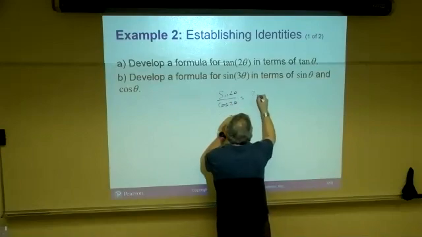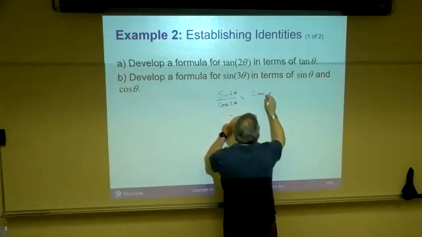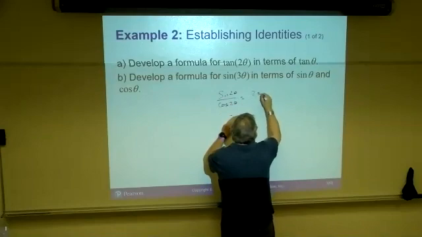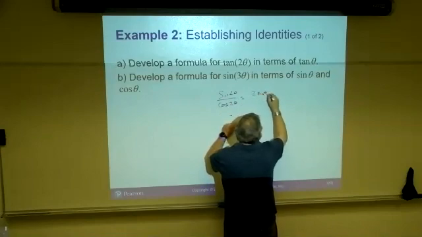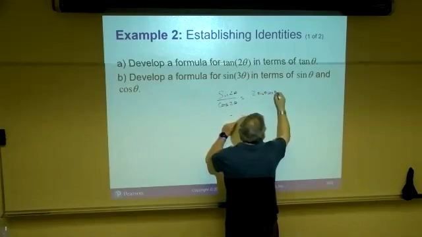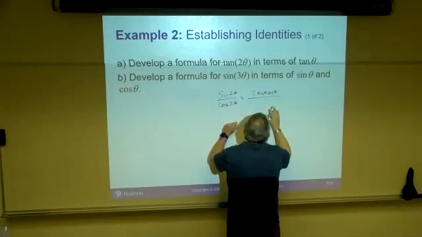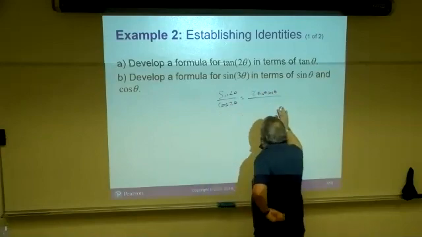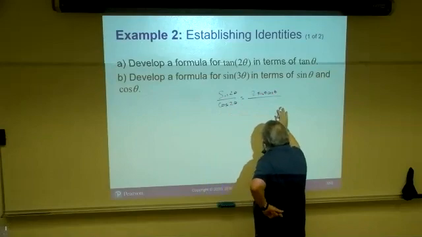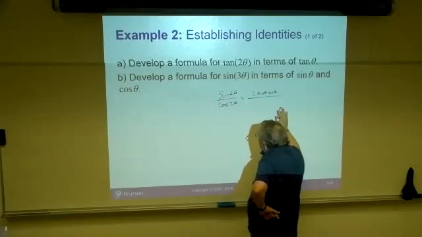So this is going to be 2 times sine theta cosine theta. And we have 3 choices to make for the denominator.